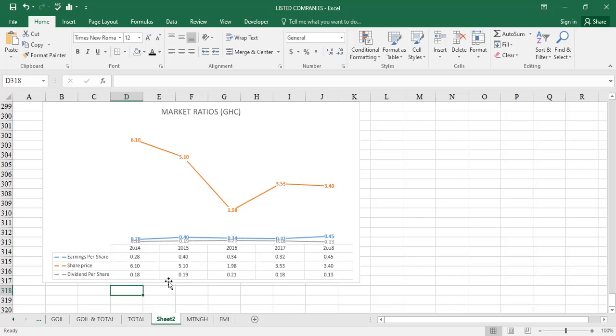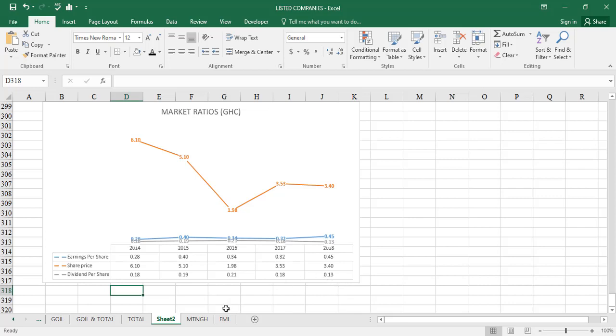That is very low, it has declined looking at the previous amounts of dividend per share that the company has had. So in 2014, 18 pesewas, 19 in 2015, and then in 2016 it was 21 pesewas, and in 2017 it declined to 18 pesewas. 2018 it has declined further to 13 pesewas.